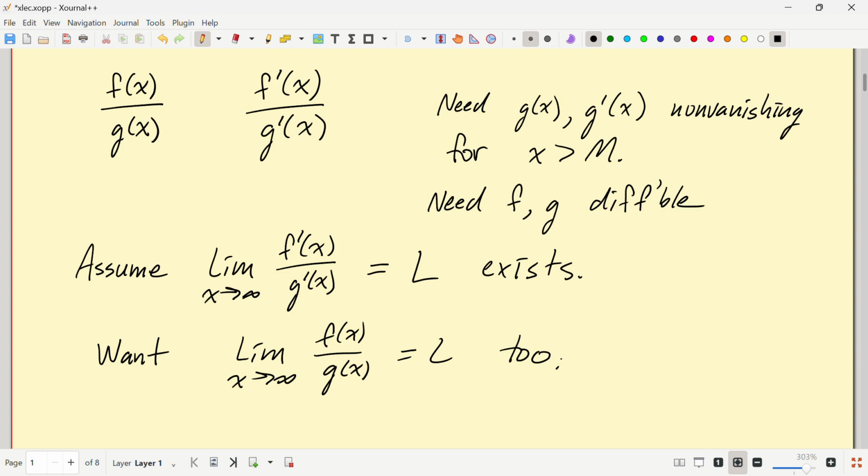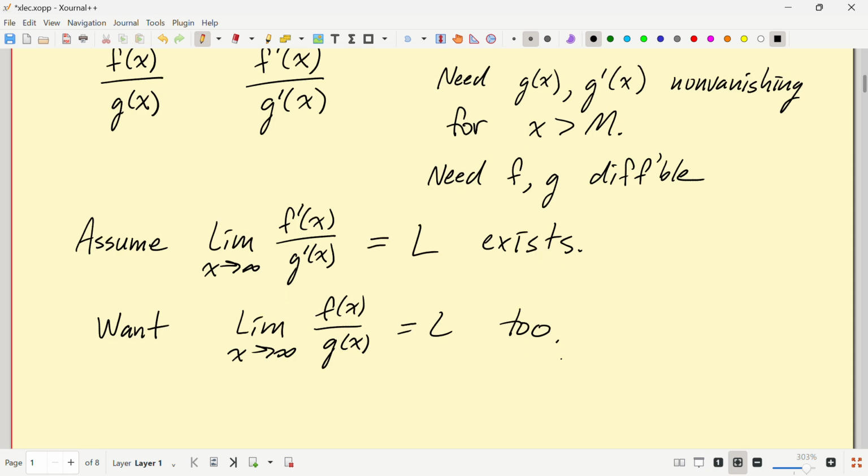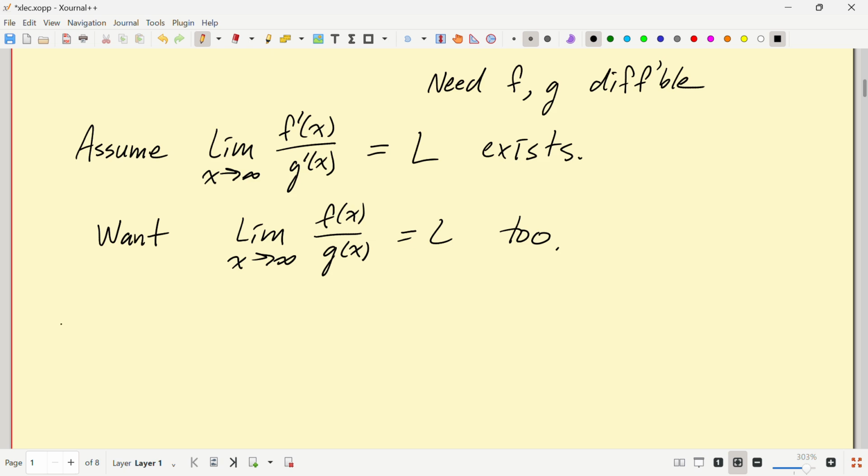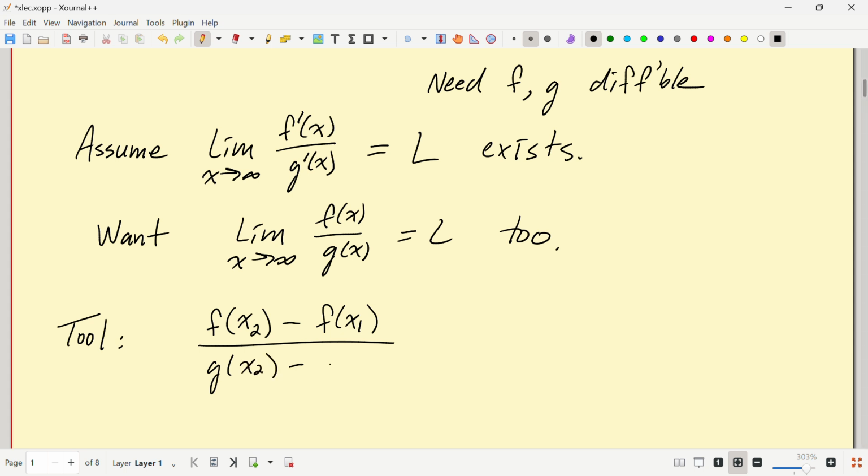And the main tool for doing this is going to be the extended mean value theorem. So what is that? That would be f of x2 minus f of x1 over g of x2 minus g of x1.